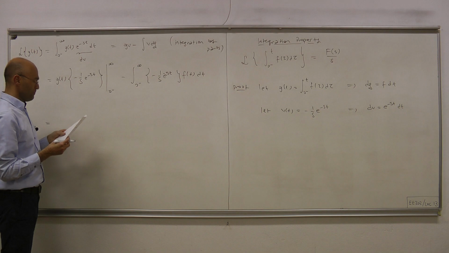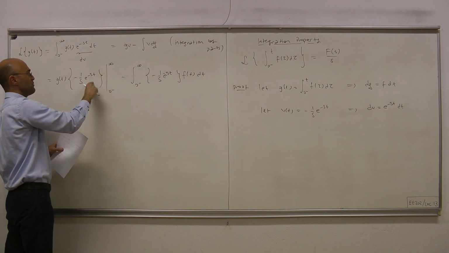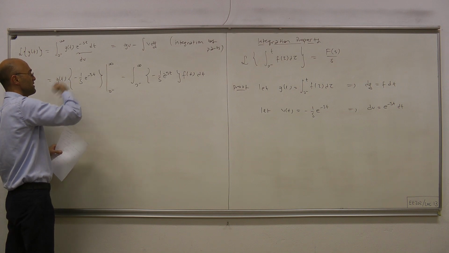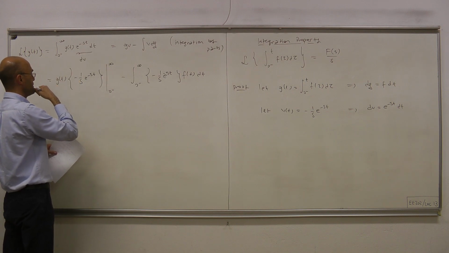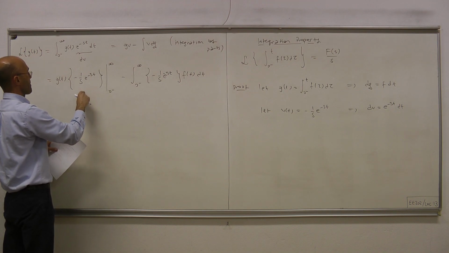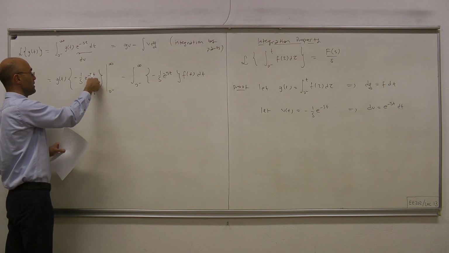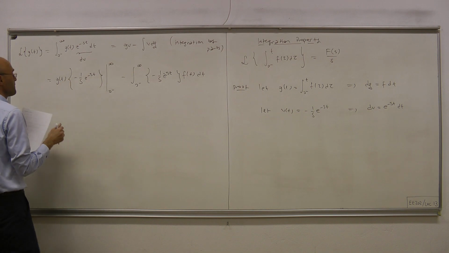Well, how about this term? As t goes to infinity, since we have an e to the minus st term here, it takes everything to 0. And at t equals 0, this exponential becomes 1, and here we have g of 0 minus.